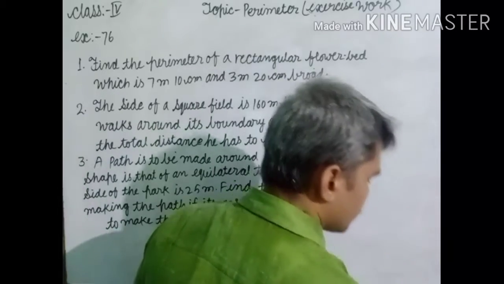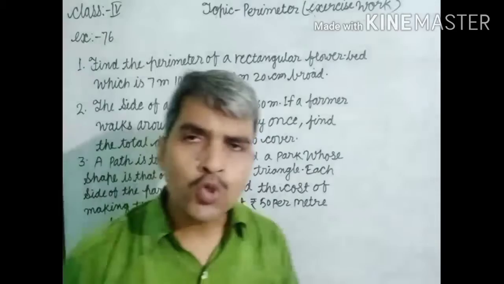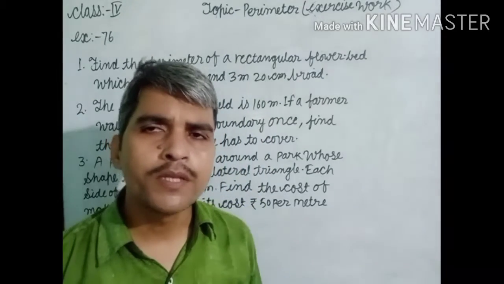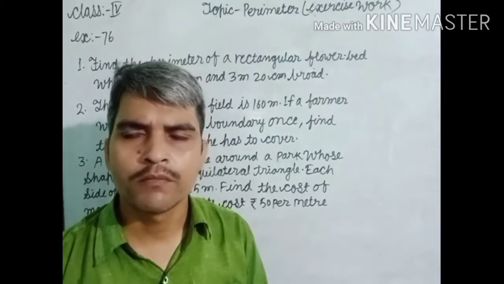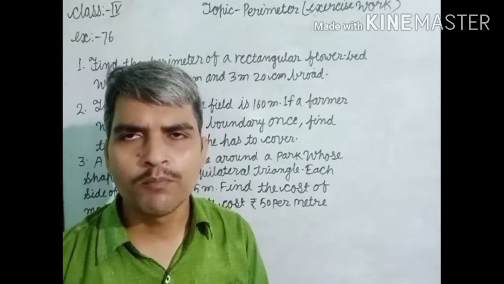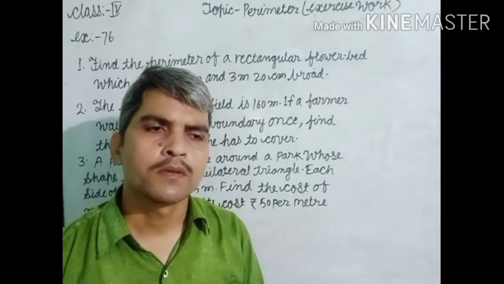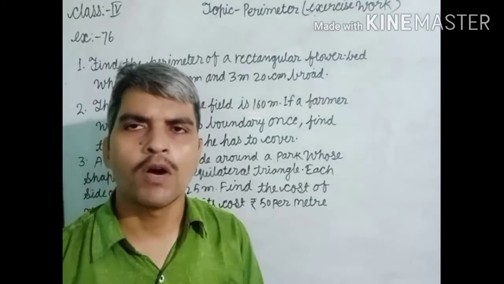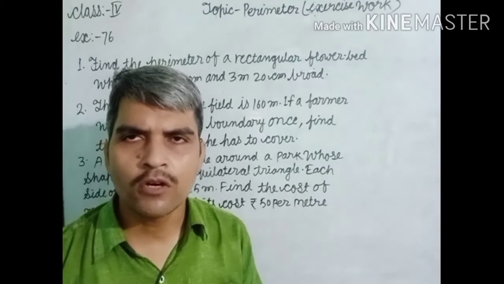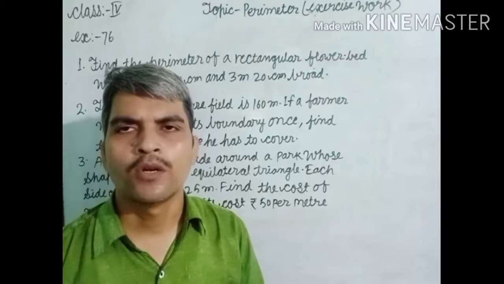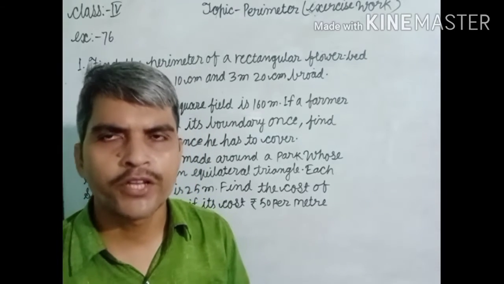Now let's start the word problems. This is the total length of the boundary, but in some plane figures, rectangles, a square, find out the total length of the rectangular field, a rectangular part.